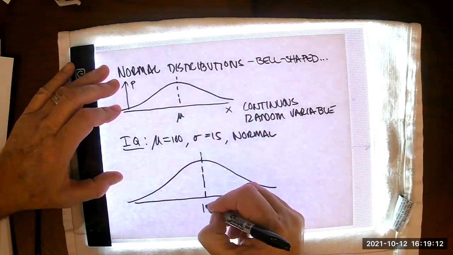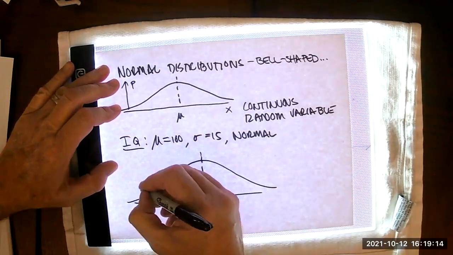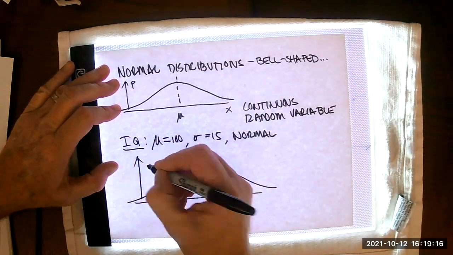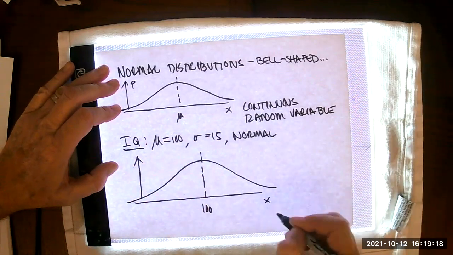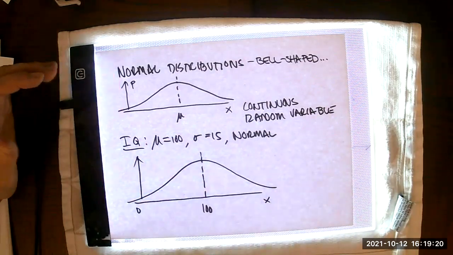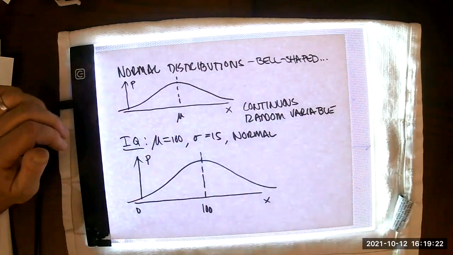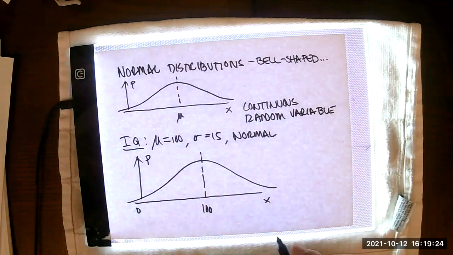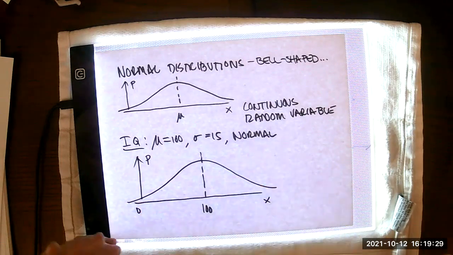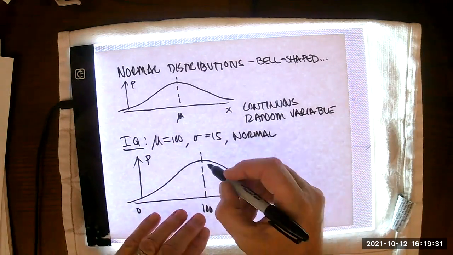They're easy to draw. The mean is now 100. The vertical, this is again x, there is a 0 over here somewhere. The vertical axis again is probability. But because this is a probability distribution, there are certain requirements.